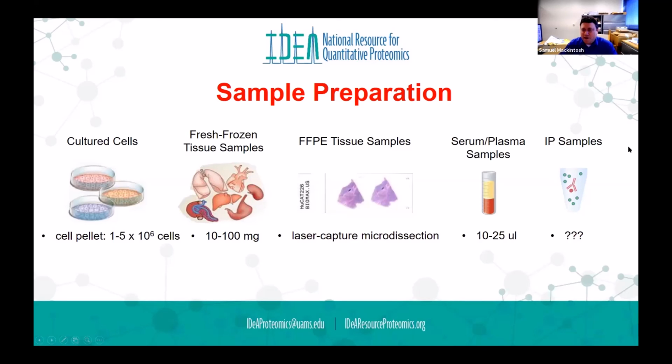So typically with IPs, we want to talk to people interested in doing these types of experiments and take a look at the pull down protocol and make sure it's compatible with our protocols. There's usually a way to get there, but it's important to have that conversation before the pull down takes place, because if you end up with samples with 10% Triton X100, there's not a whole lot we can do with those.